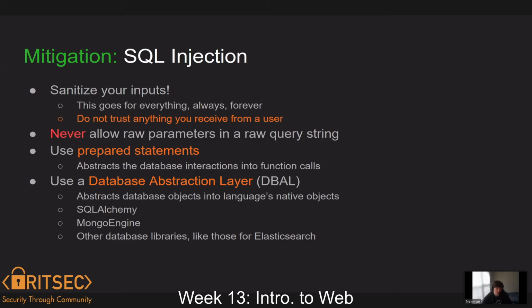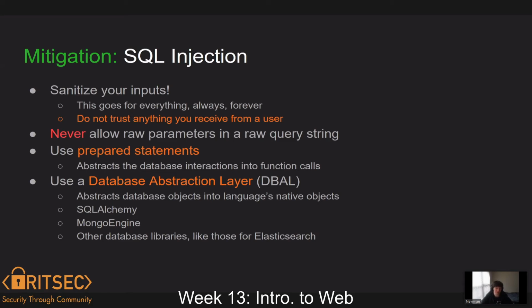If you're using MongoDB, there's Mongo Engine and a bunch of libraries. Elasticsearch has database libraries for pretty much every language out there. But these libraries will abstract away the nitty-gritty of working with the database and present to you some kind of interface that's much more native and comfortable for working in whatever language that you're in.